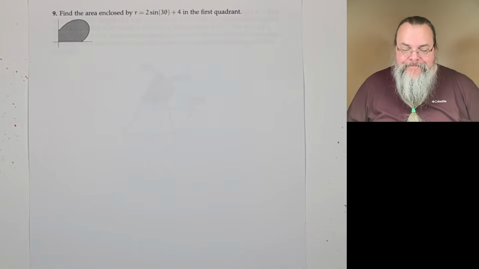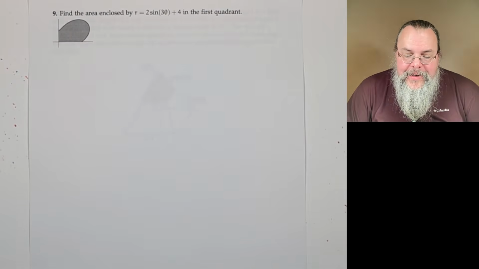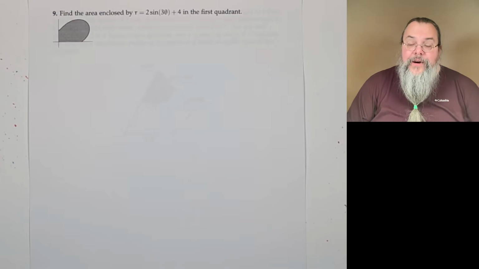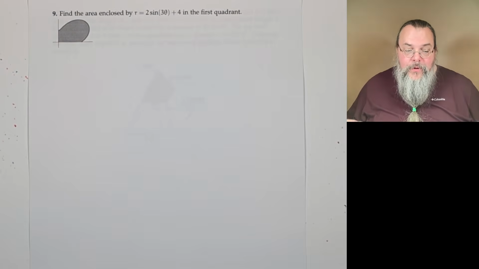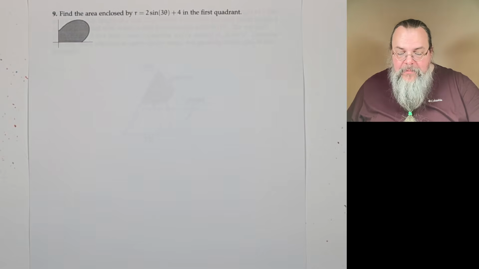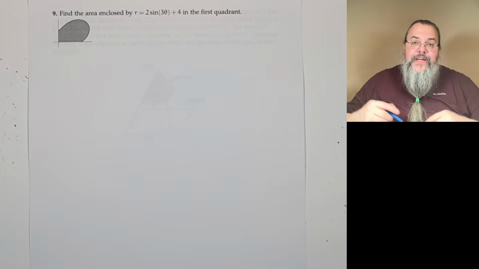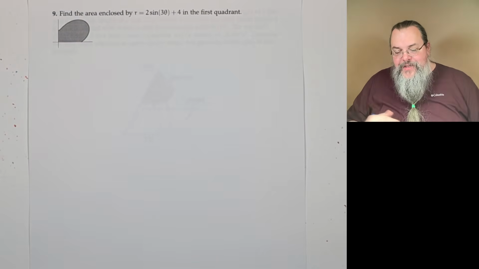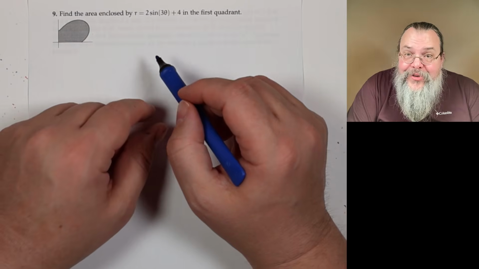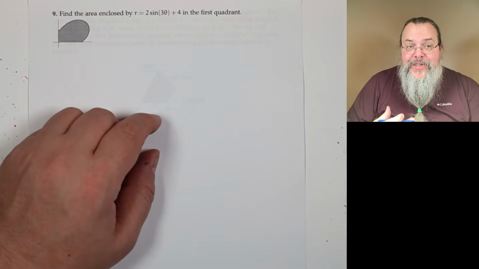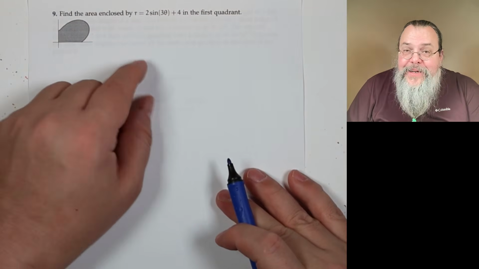Number 9. Find the area enclosed by r equals 2 sine 3 theta plus 4 in the first quadrant. And oh my gosh, tons of pictures. They're just throwing pictures at us. One thing they didn't say, but we can get from context: what kind of problem do we have?